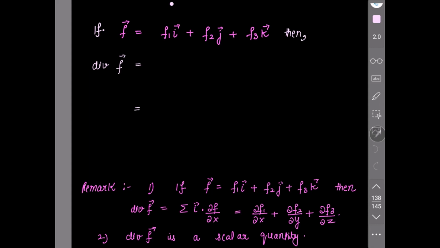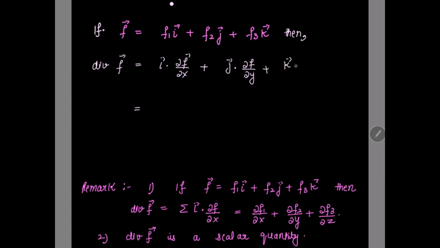Then how will we calculate divergence of f? Let's do this. Now divergence of f is i dot product ∂f/∂x plus j, its dot product with ∂f/∂y plus k, its dot product with ∂f/∂z. So this is your vector f.